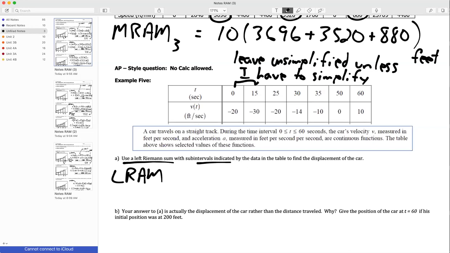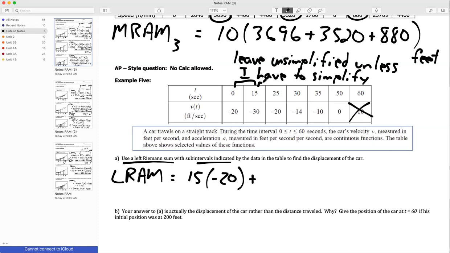It goes from 0 to 15. And my height would be the value on the left. So -20, meaning since this is a left Riemann sum, I'm not going to use the last value in the table. So I've got 15 times -20.